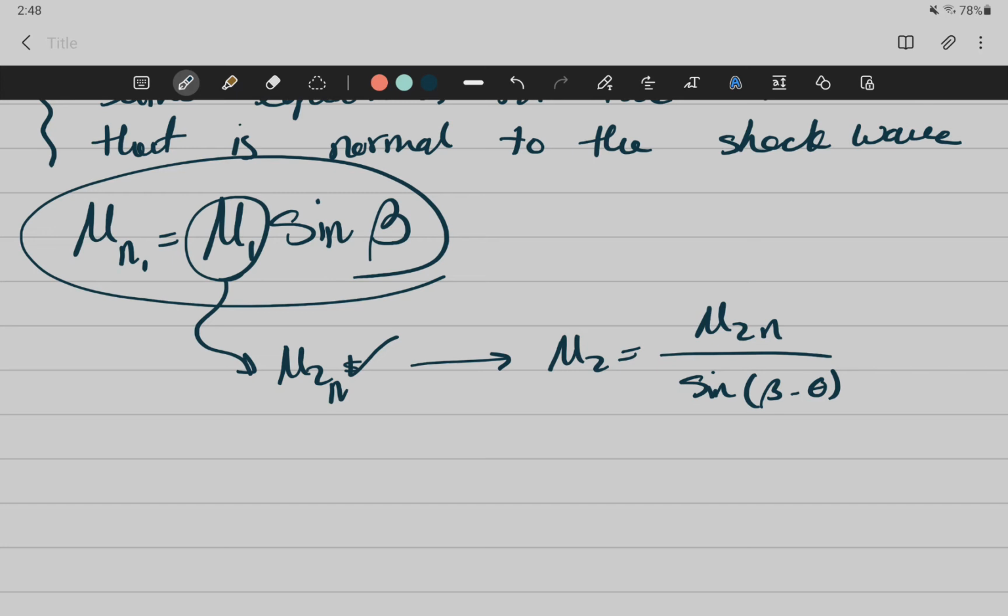Then all of the other properties you can find from the tables. Okay, but this deflection angle is something that we need to determine.